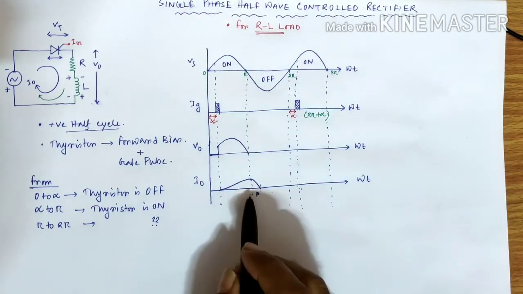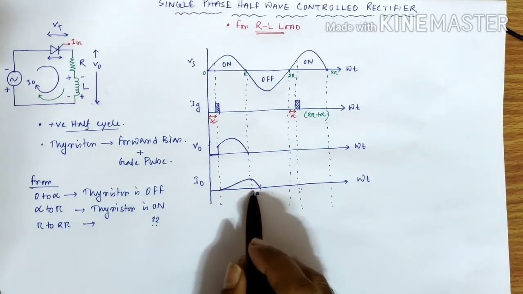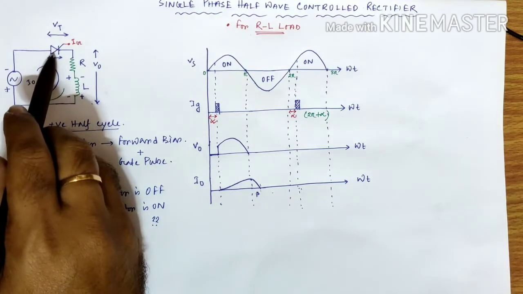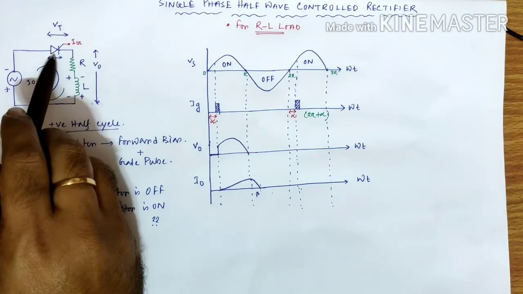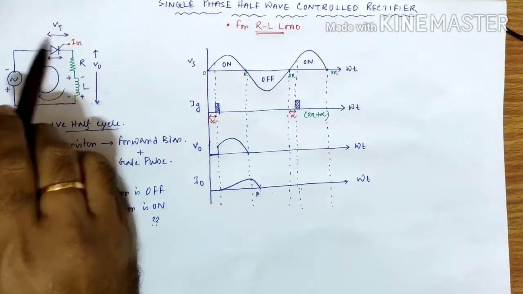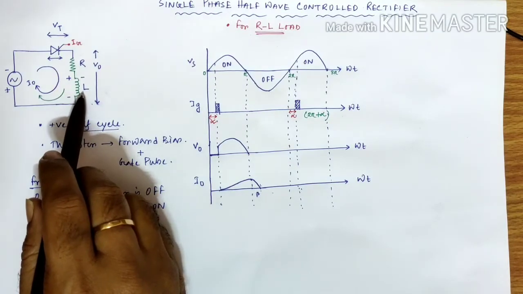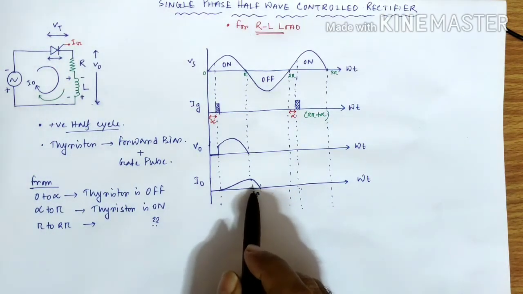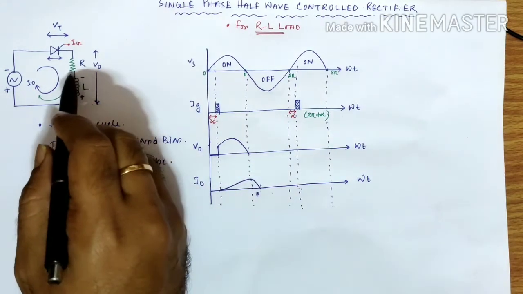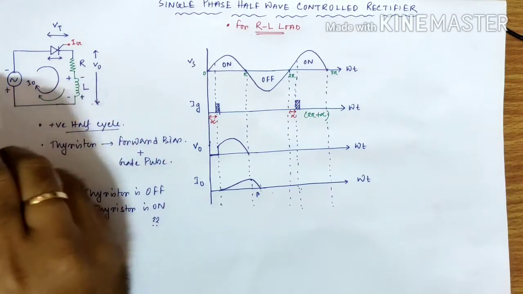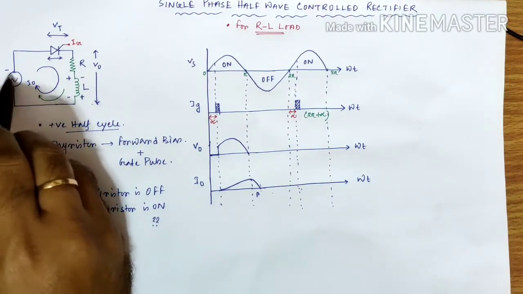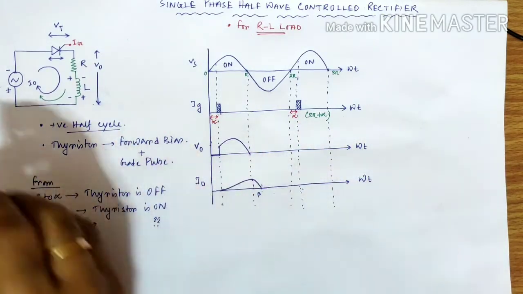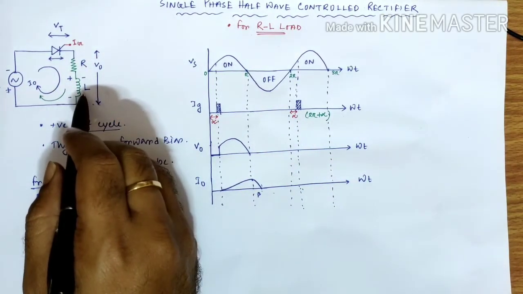So you should remember that from pi to beta in this region, though the thyristor is in reverse bias condition due to Vs, due to the presence of the inductor, as it attains its maximum EMF at the angle pi, the EMF of the inductor becomes the dominant source with respect to the supply voltage, that is Vs. After that, as time passes, Vs gradually increases and the EMF within the inductor gradually decreases.